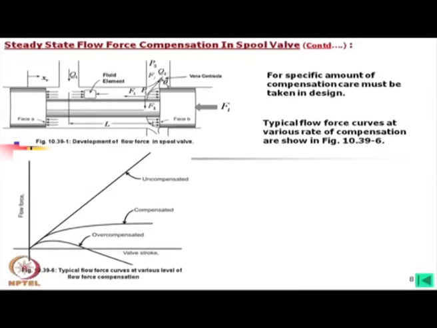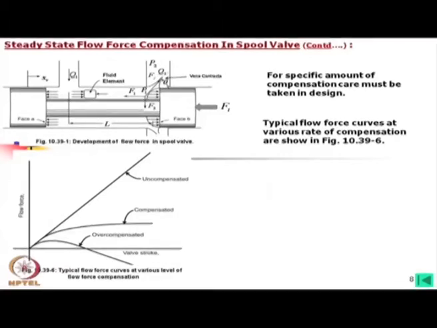We are giving the force in the direction of the stroke, but if flow force is overcompensated, it means flow force is trying to open the valve. That means, if we keep the valve without any force, due to the flow force, if there is leakage, that will try to move. So, controlling of an overcompensated valve is difficult.